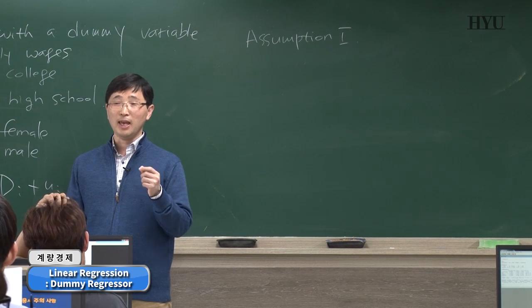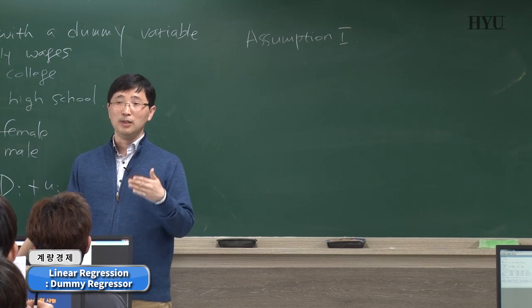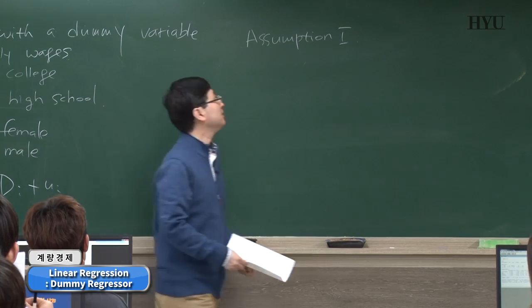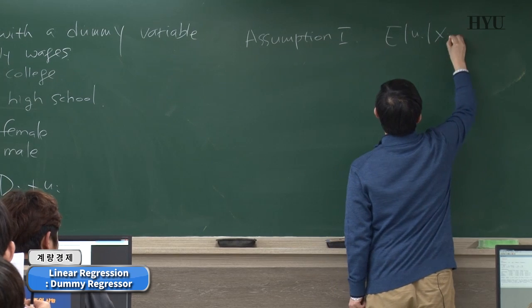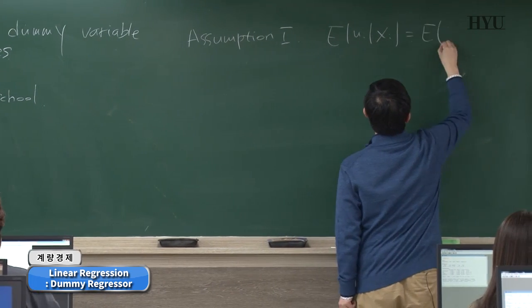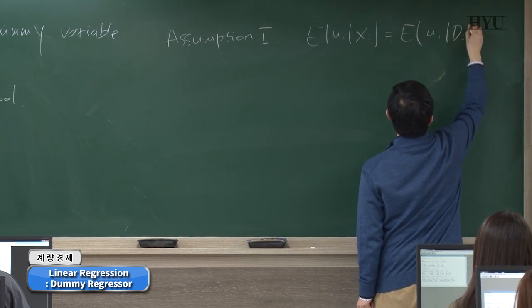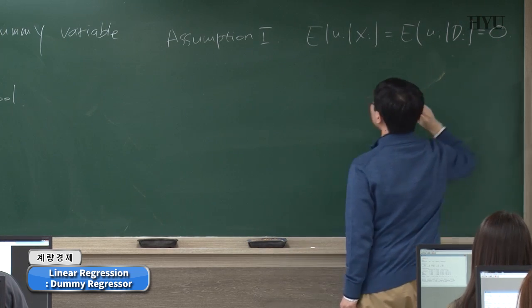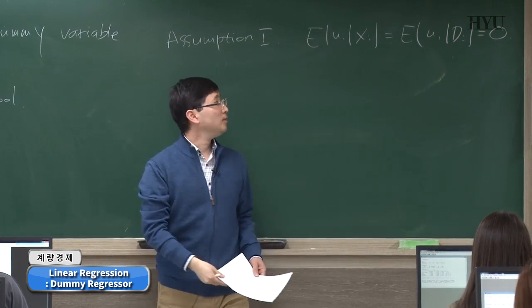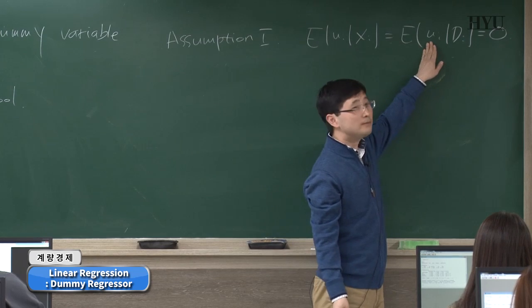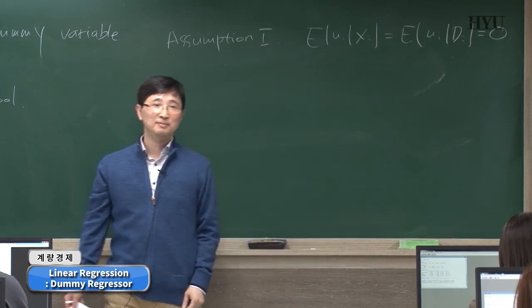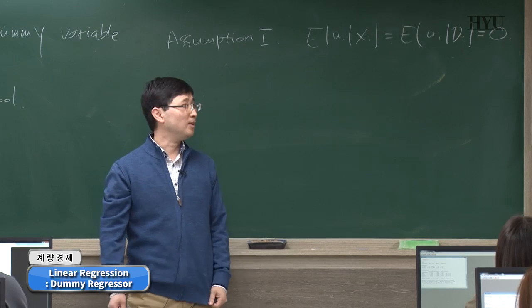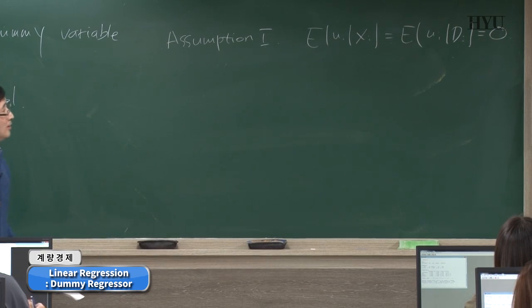The expected value, the average value of the error given the independent variable must be equal to 0, right? Now the x_i we have is d_i. And we know that roughly it means that your error and your independent variables are uncorrelated, right? At least uncorrelated. It's more than that, but it has to be uncorrelated, at least.